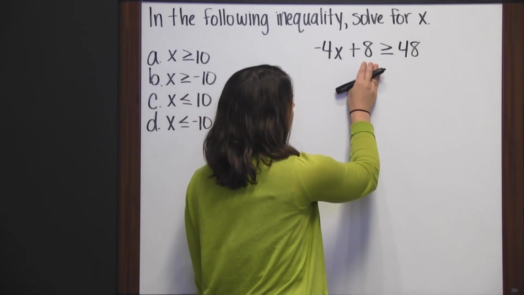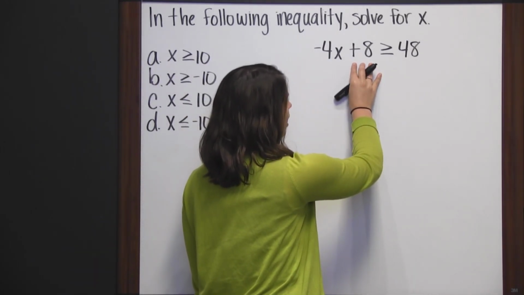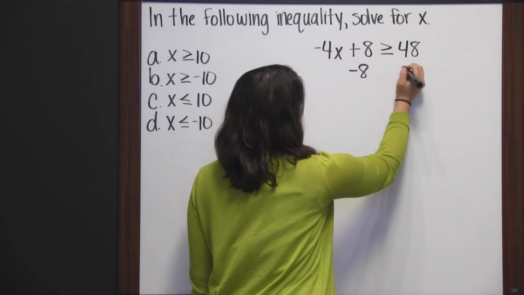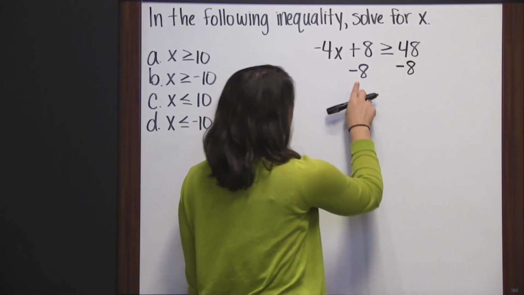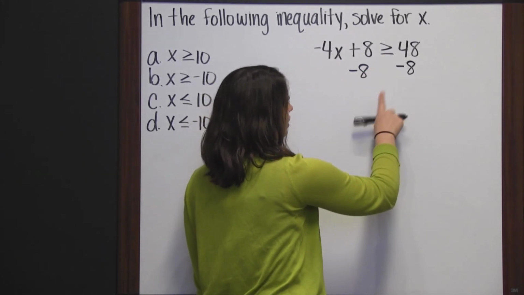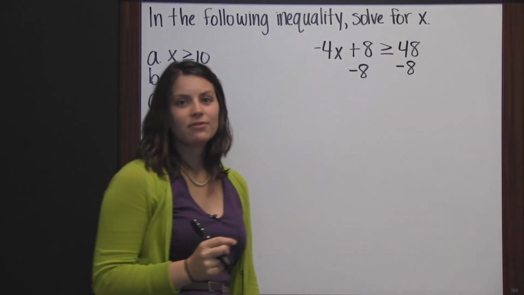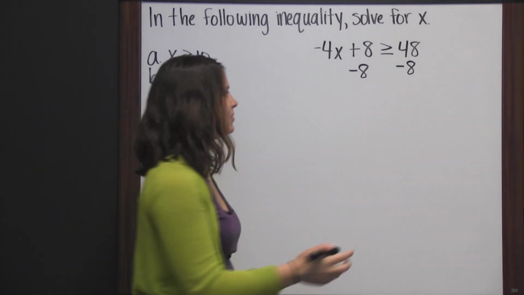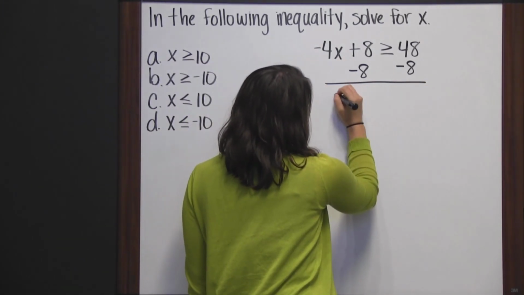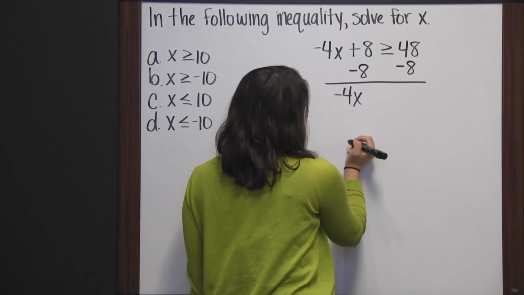And we can get rid of it by doing the exact opposite of adding 8, subtracting 8. And if we subtract 8 from the left side of our inequality symbol, then we must also subtract 8 from the right side to keep it even. So we bring down our negative 4x.